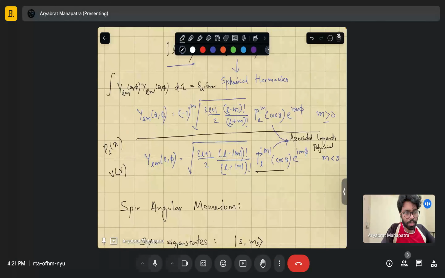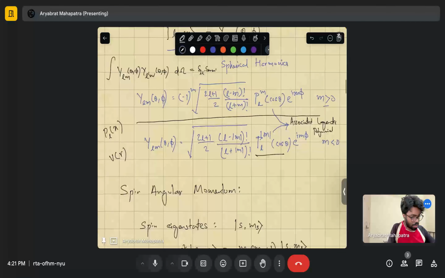So you can take that as a spherically symmetric potential, and you will get some psi as the solution of that Schrodinger equation, which is given as R of r times Y of theta and phi.